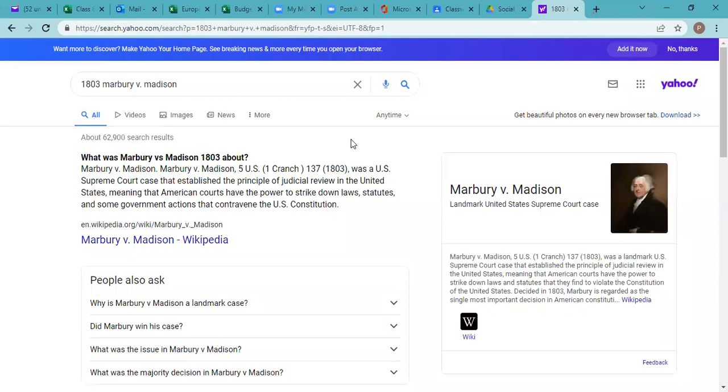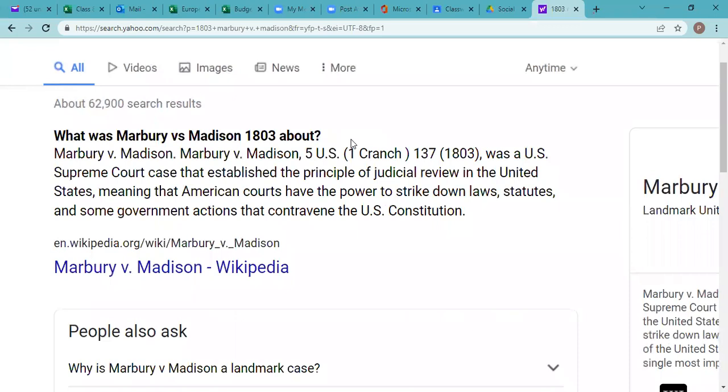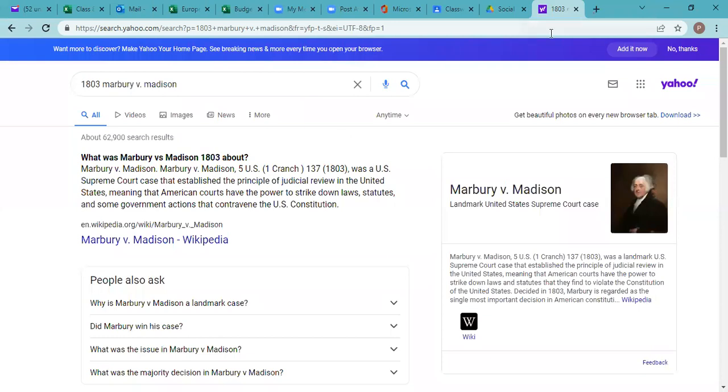All right, it said it was a U.S. Supreme Court case that established the principle of judicial review in the United States, meaning that American courts have the power to strike down laws, statutes, and some government actions that contravene the U.S. Constitution. So that is why it is a landmark case. Okay. All right.